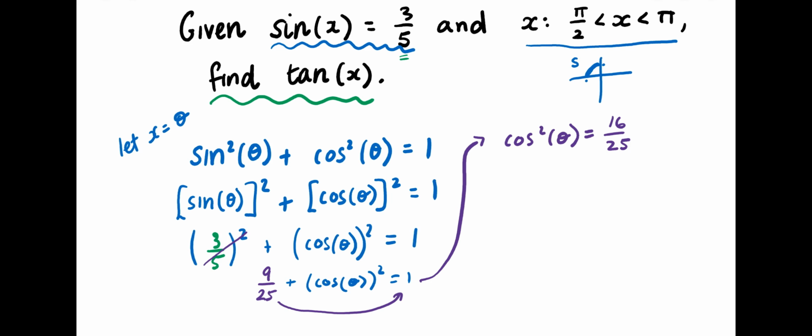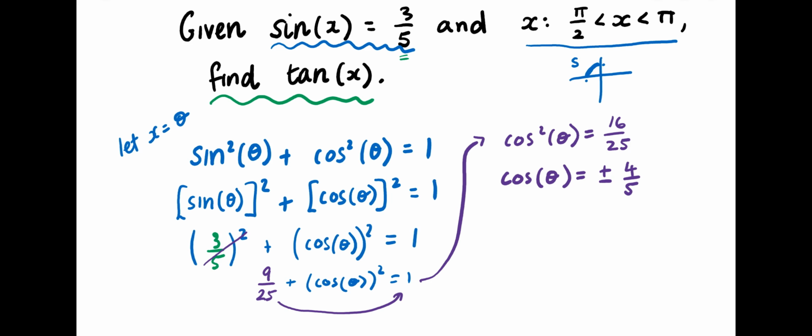I can say, okay, well if I square root both sides, then I'll get cos theta is plus or minus the square root of 16 on 25. Well, that's going to be 4/5 because we do the square root of 16 over the square root of 25.